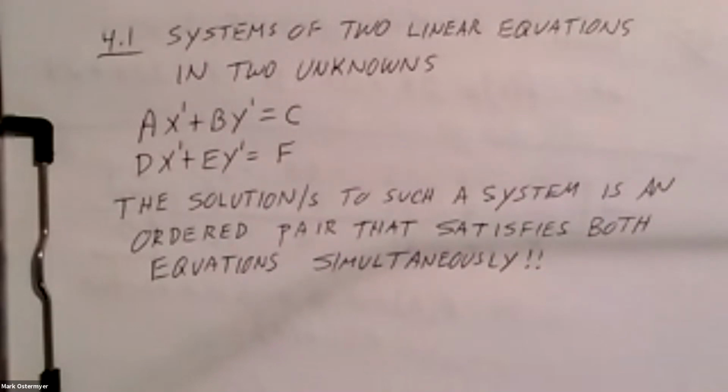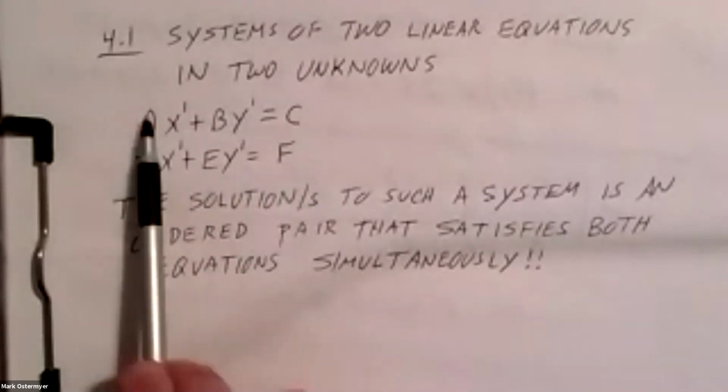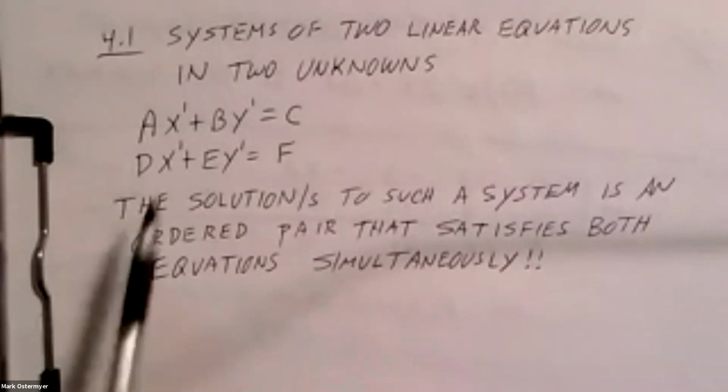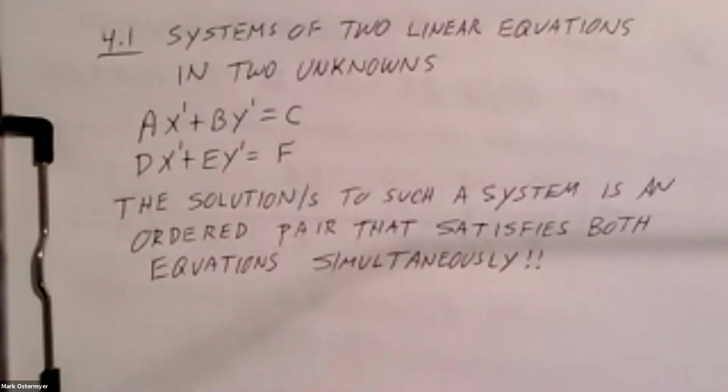So in order to be a solution to this entire system, our ordered pair solution needs to satisfy both these equations simultaneously. It must be a solution to the first equation and the second equation. If it fails to be a solution to just one of the equations, then it's not a solution to the system.